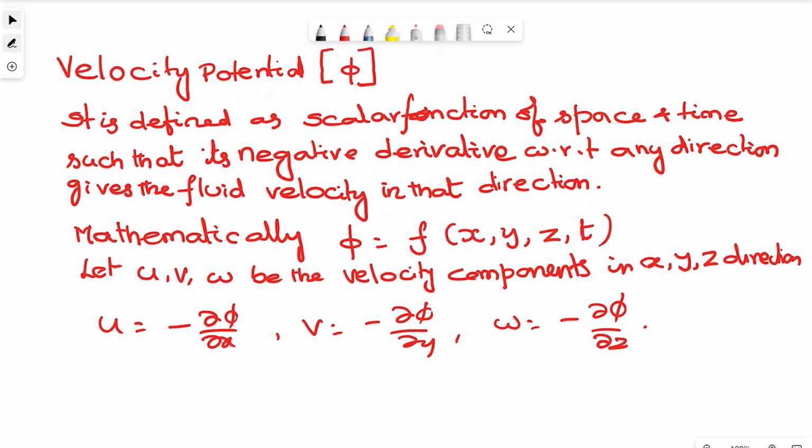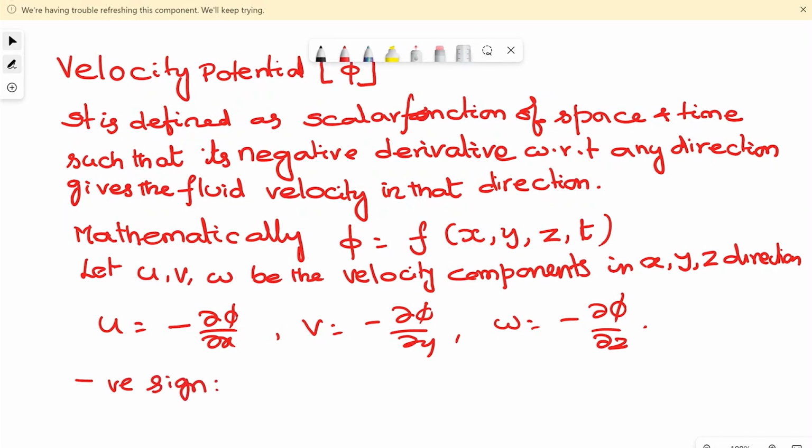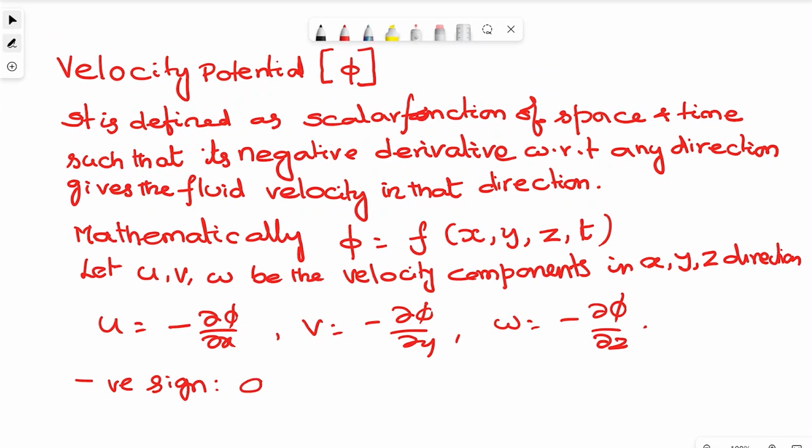Why the negative sign? The negative sign indicates that phi decreases with increase of x, y, z.